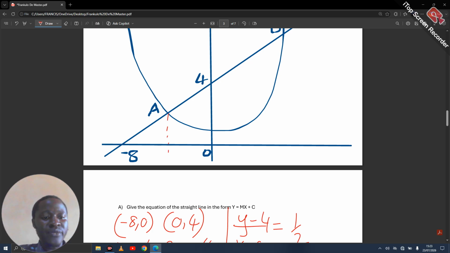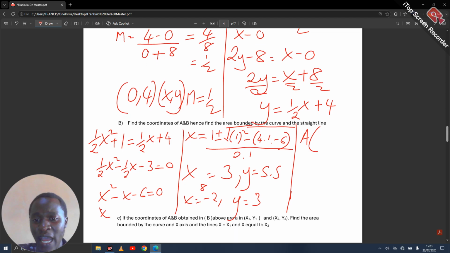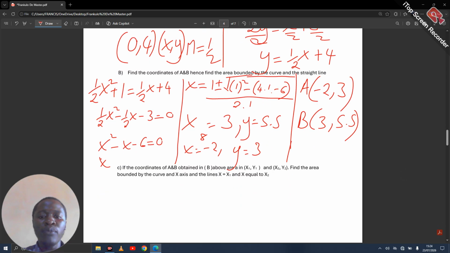As you can see, just from observing, the x-value will be negative. So from that observation, A will be negative 2, 3. And B will obviously be the remaining one, which is 3, 5.5.